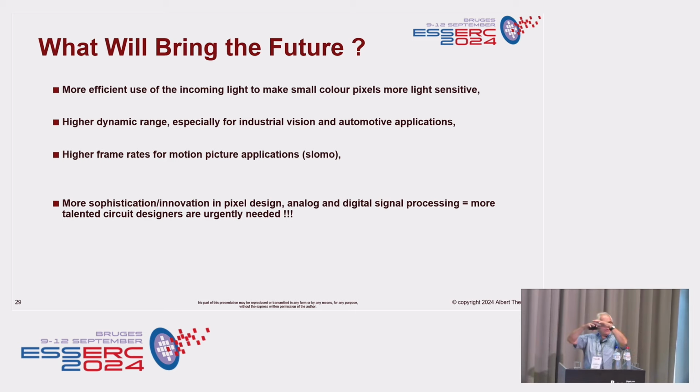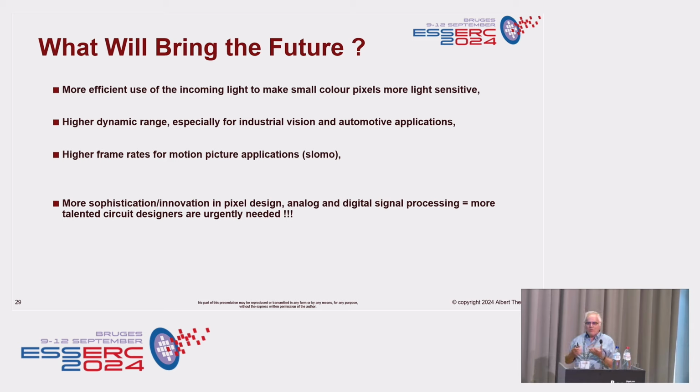You do not want to hit the walls with your car. But if you come to the exit of the tunnel, you see maybe a beautiful landscape, sunshine, and so on. The contrast, the dynamic range between the dark walls and that landscape outside can easily go up to 120 dB. That's what we call dynamic range. There's still a lot of work to do in that direction.